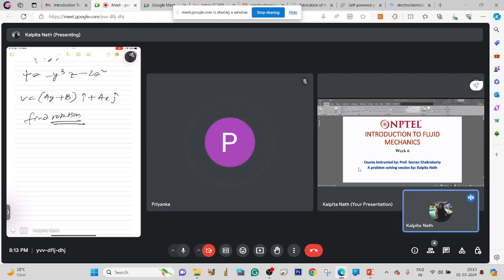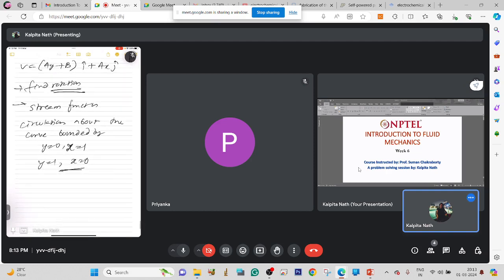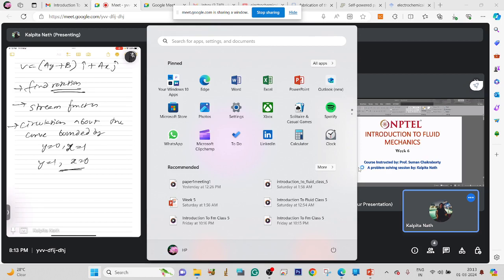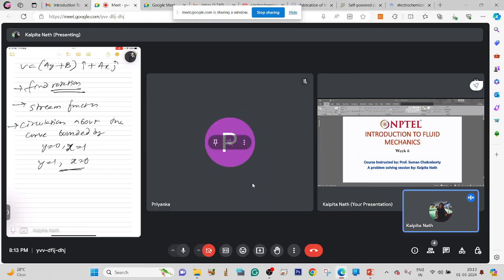You have to find the rotation, then the stream function, and another thing, the circulation about the curve bounded by y is equal to 0, x is equal to 1, y is equal to 1, x is equal to 0. So these three things we need to find out. I'll give you 1 minute, you solve this and I'll come back.